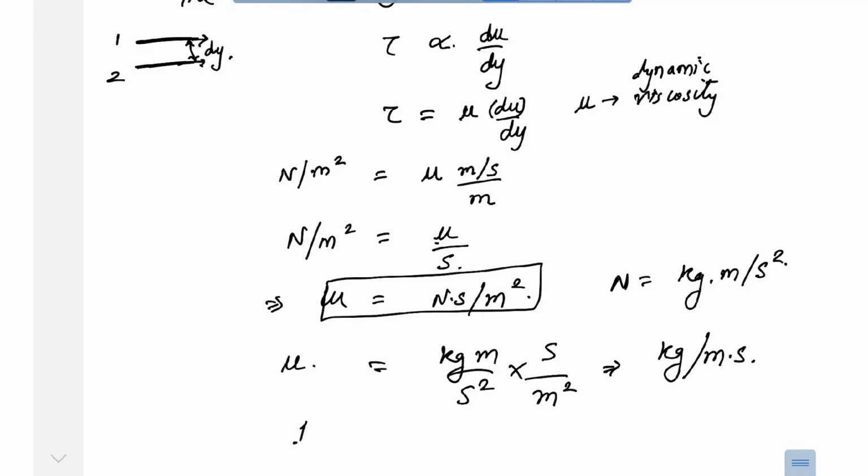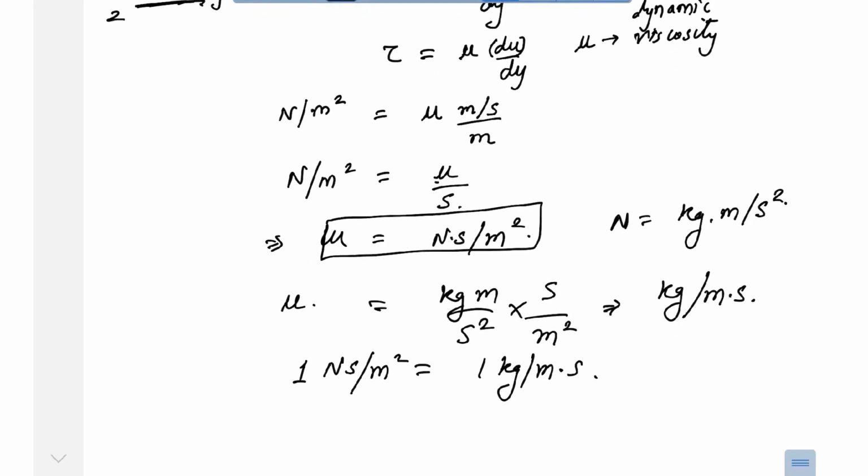So 1 Newton second per meter square equals 1 kg per meter second, and this is the standard unit for dynamic viscosity. We can also say that the dynamic viscosity unit is 1 Pascal second.